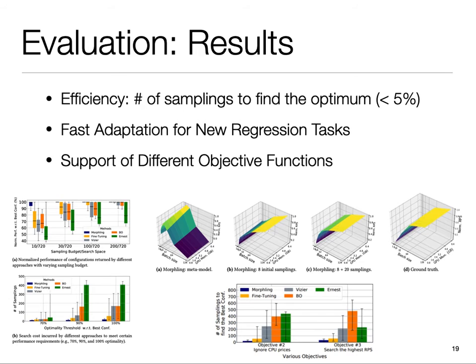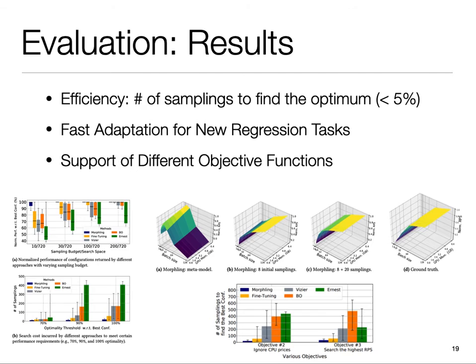For the results, Morphling can quickly identify the optimal configuration by sampling less than 5% of the large space consisting of over 700 candidates in our open-source scenario.